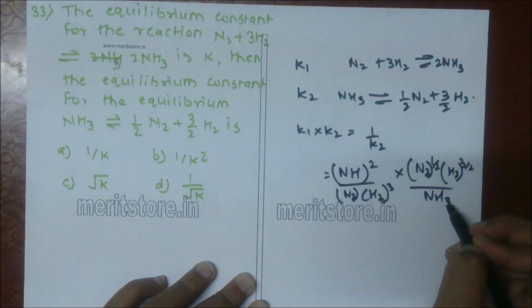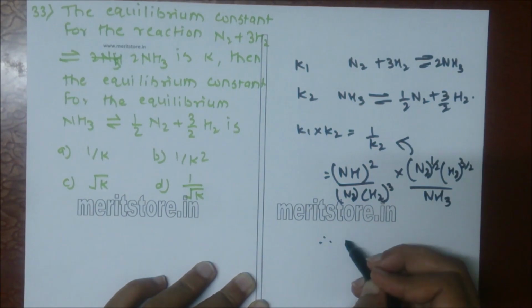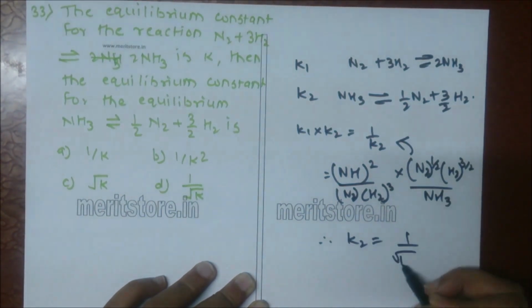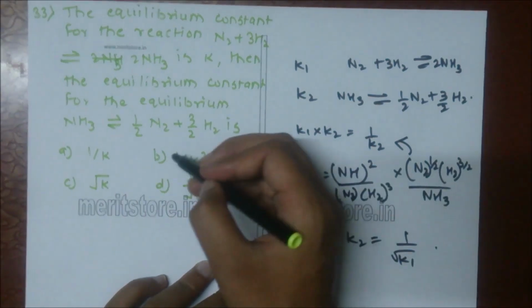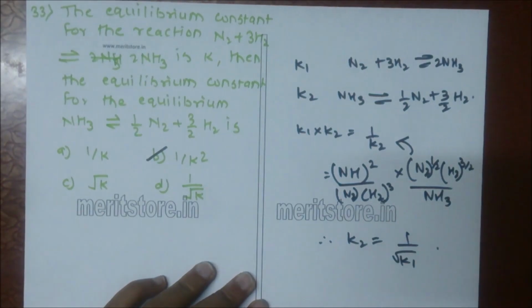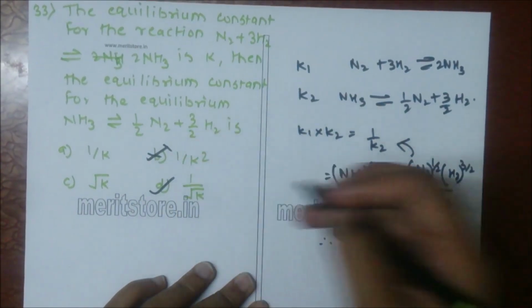So on solving this we get K2 to the power half. Therefore we can write K2 is equal to 1 upon root of K1. So option B is the correct answer. Option D is the correct answer.